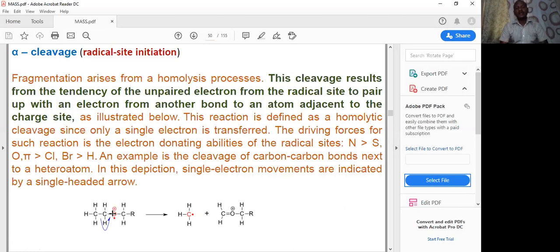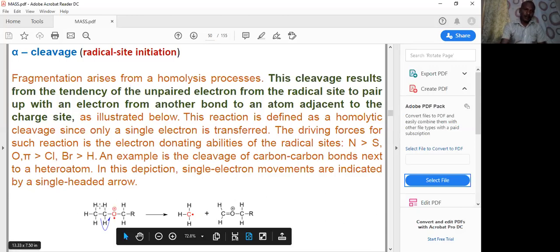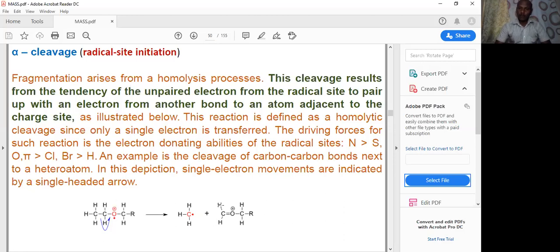So now the electrons are distributed equally, cleavage happens, and you have the formation of a radical and the formation of a fragment ion. So this is radical site initiation, and an example of homolytic cleavage. As I told you, in homolytic cleavage only one electron will be transferred. You got my point here? Have you understood this?